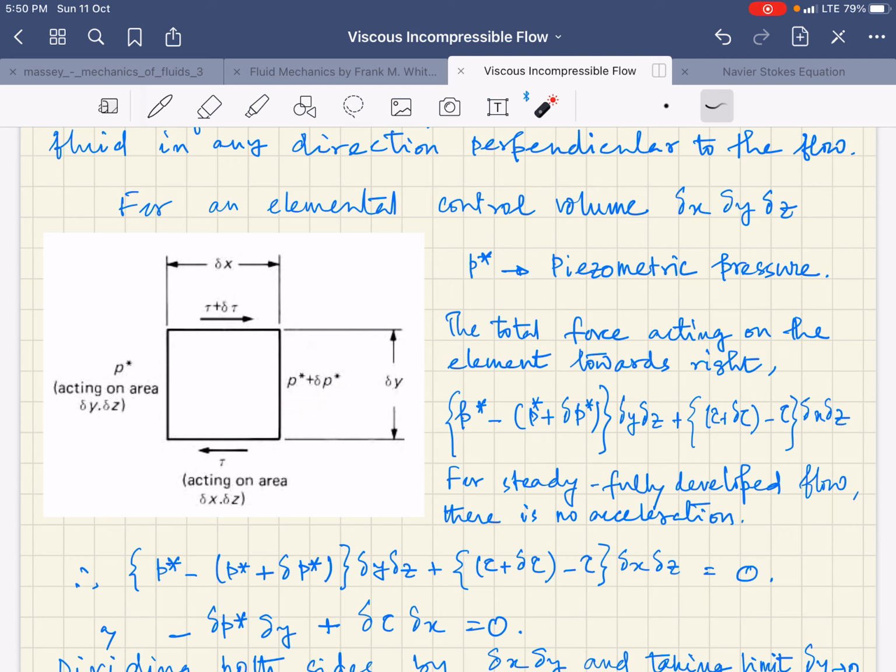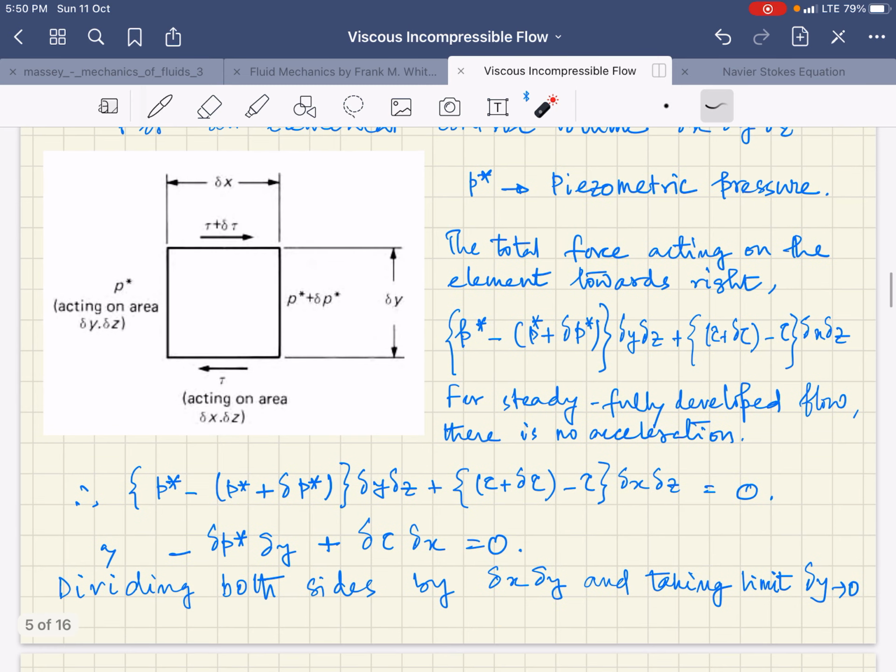So in this control volume we are having two surface forces in terms of the shear force and two pressure forces acting on the respective areas, and that has to be summed up to get the net force, which should be equal to 0 because of no acceleration as the flow is steady.